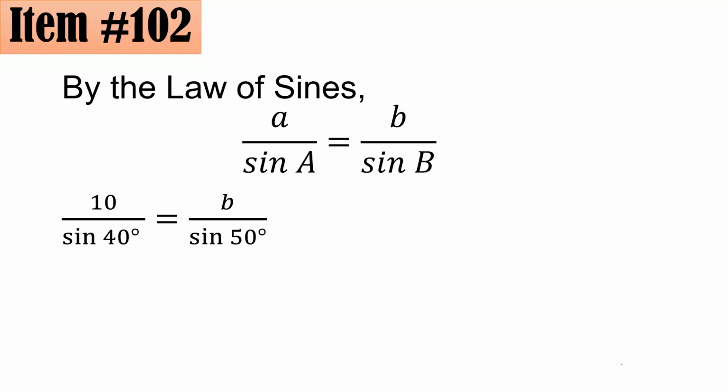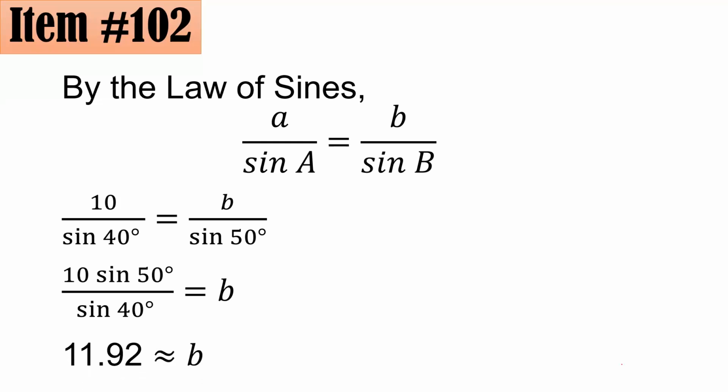And multiplying both sides by sine 50 degrees to isolate b. So 10 times sine 50 degrees over sine 40 degrees, that's actually equal to b. And using your calculators, you could get a value that is approximately 11.92. Letter A. Okay.